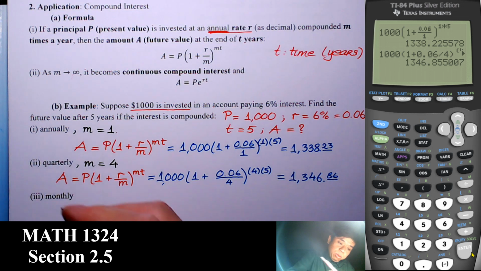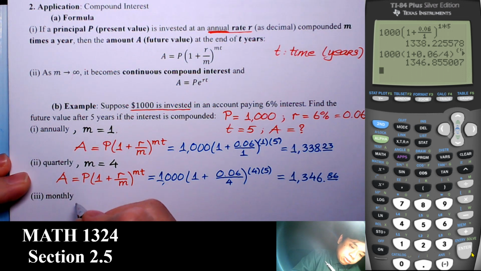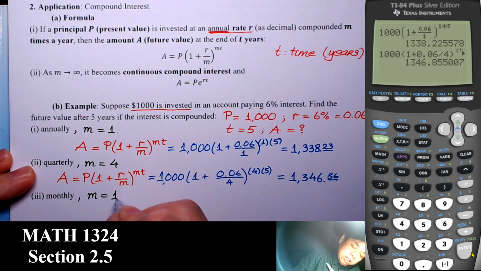Next, monthly, that will be 12 times a year, so m is 12.